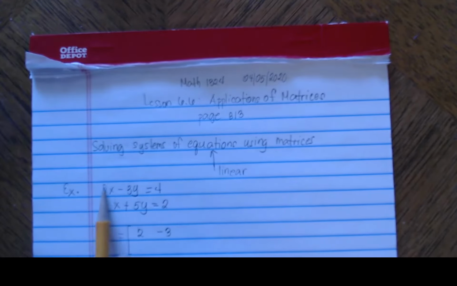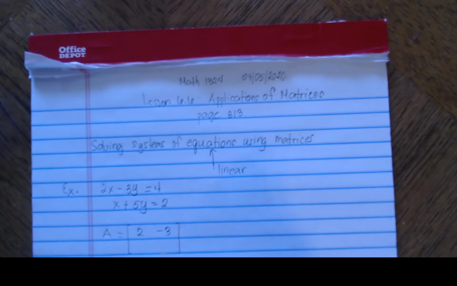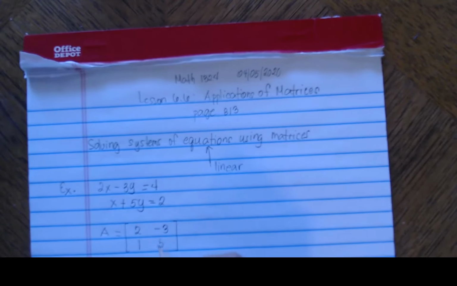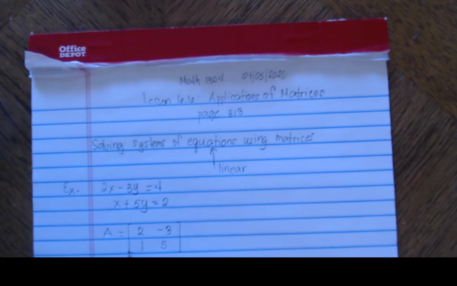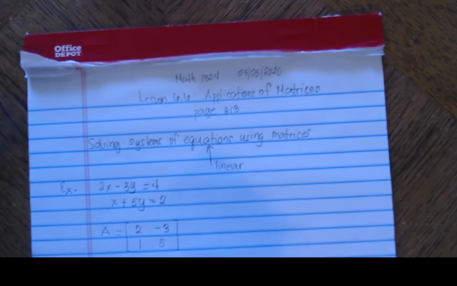That would be my row 1. In my second equation, the coefficients are 1, because there is a 1 right here, and 5. So this is my first matrix, from the coefficients.